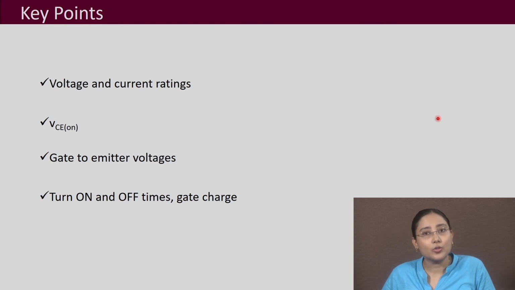Further, you should note down the characteristics, notations and values related to switching and the different performance curves that may be given. Also look into the gate to emitter voltage, what the threshold voltage is and what typical voltage you should apply to turn on the IGBT.